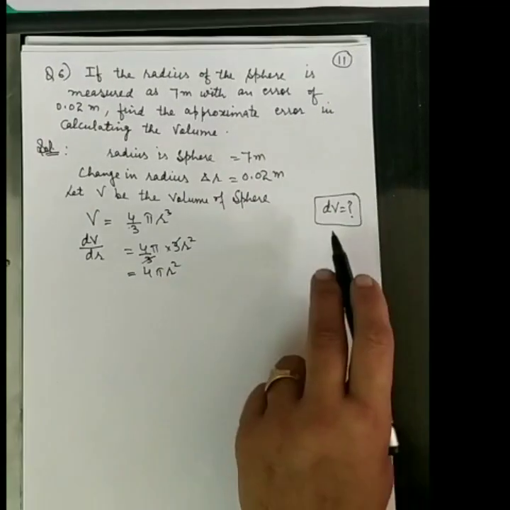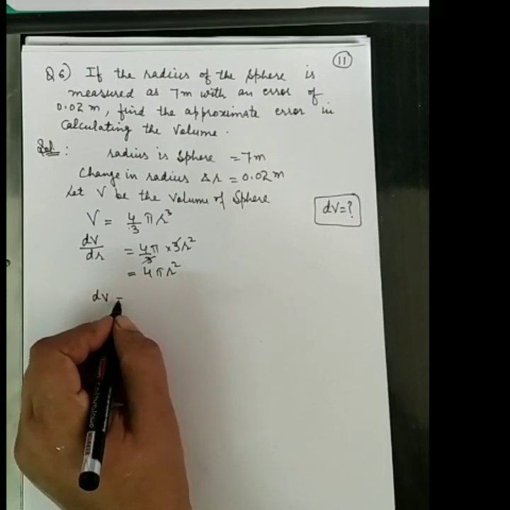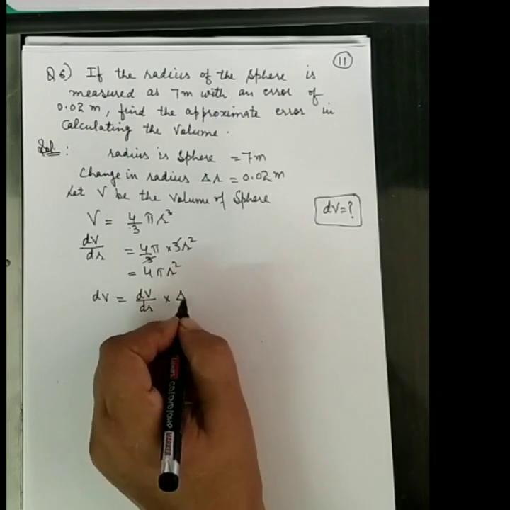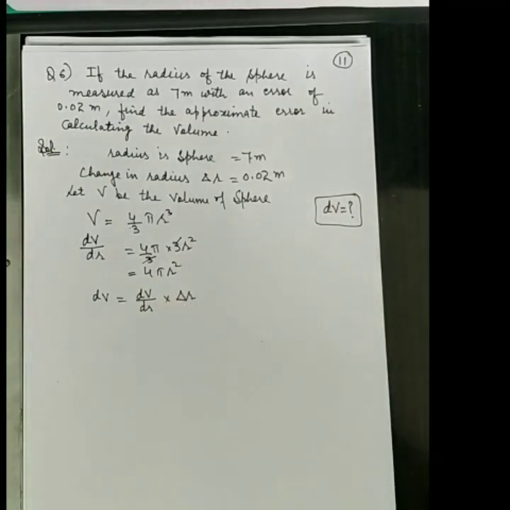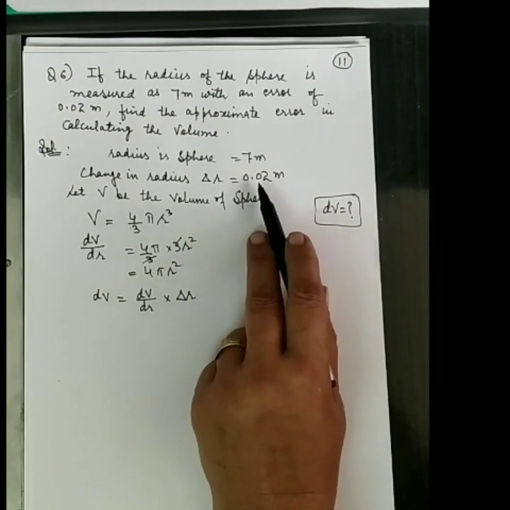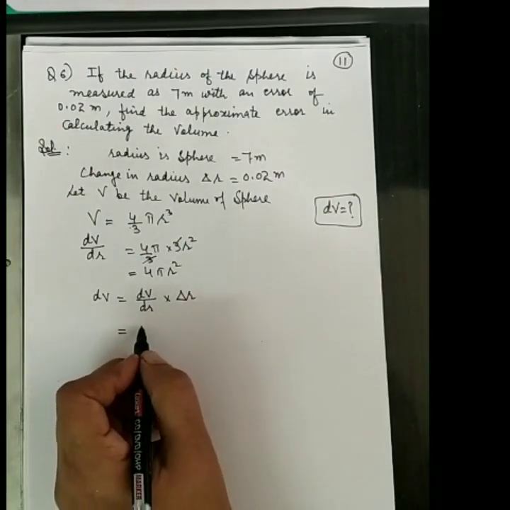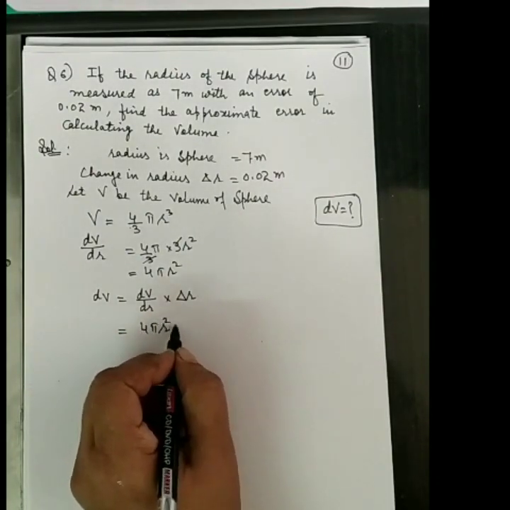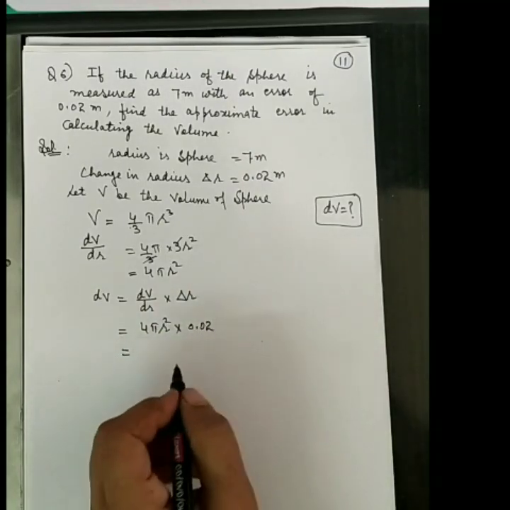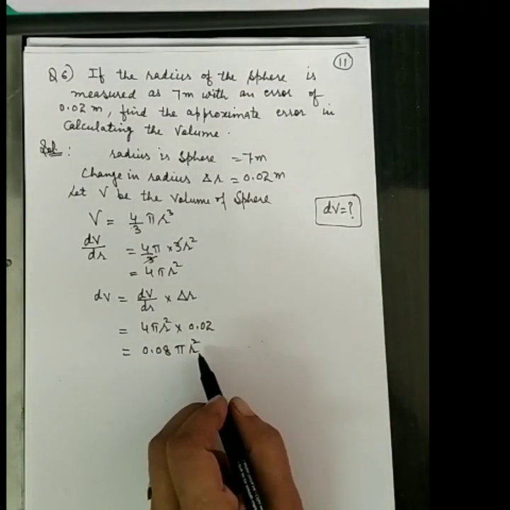Now find dV. That means apply the formula. dV is dV upon dr into delta r. And what is delta r? Delta r is change in radius, that is given 0.02 meter. Now put the value. So it is 0.08 pi r square.